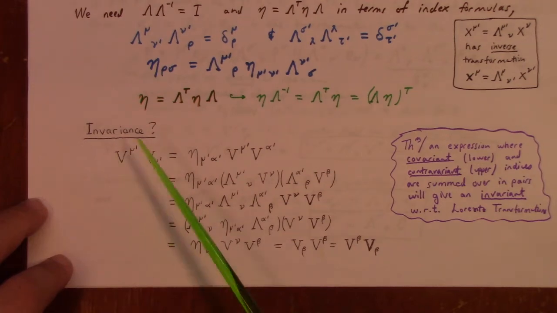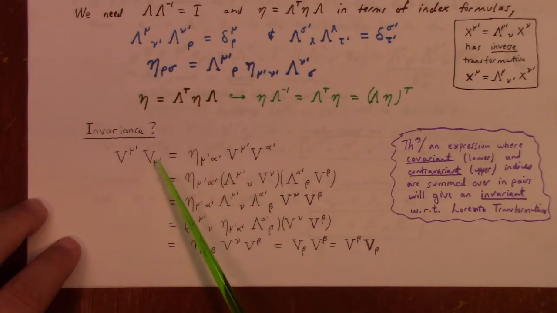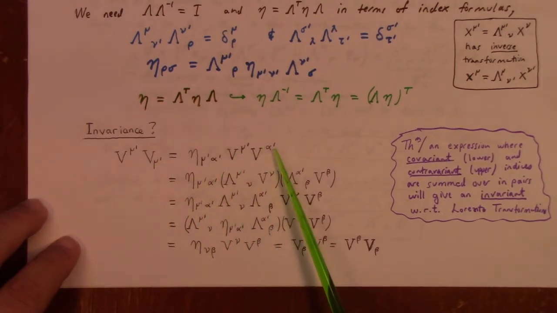All right. So let's see how that goes. So I take my v mu prime, I leave it alone. I raise the index on v. V mu prime is fine. V lower mu prime is the lowered index, right? So that was defined to be eta mu prime alpha prime contracted over v upper alpha prime.